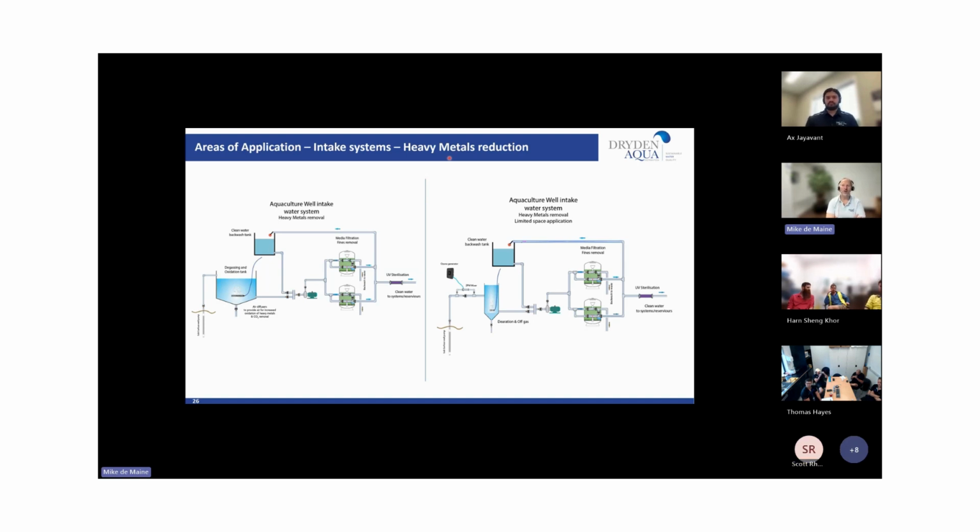So generally seawater intake systems, I always recommend this because of the variability of the loads. So either during storm surges or during algal events, you might have high TSS loads greater than 20 milligrams per liter, right?